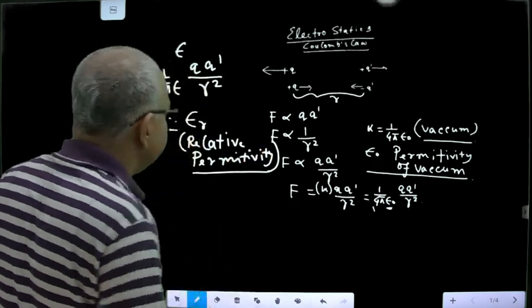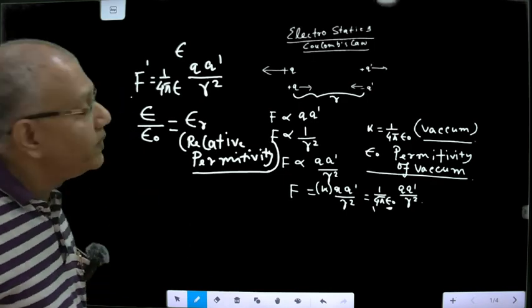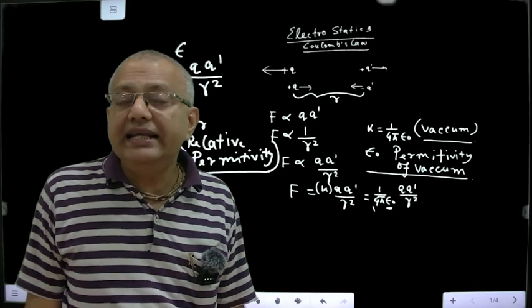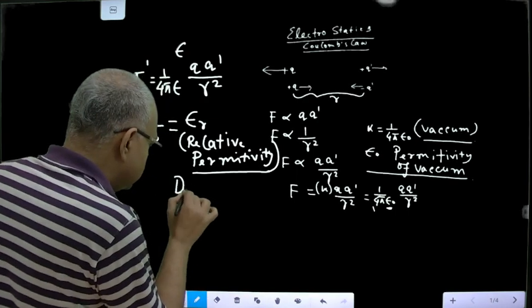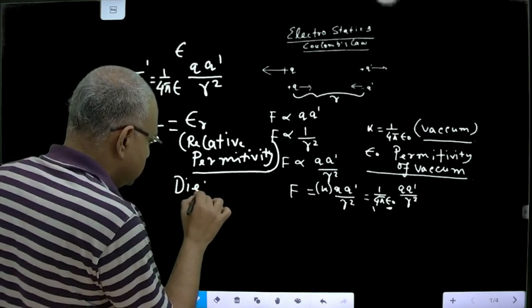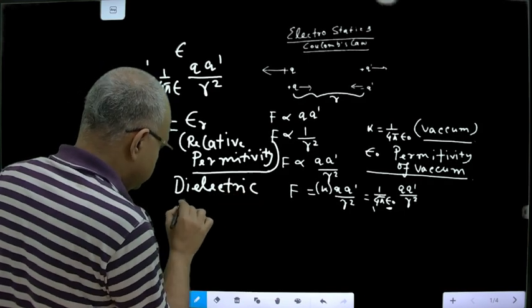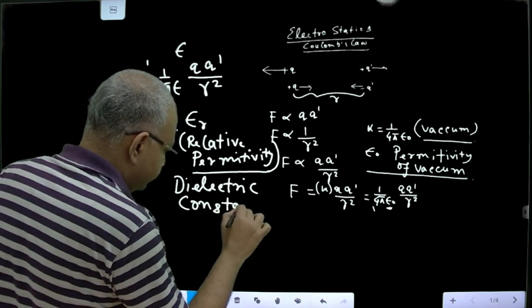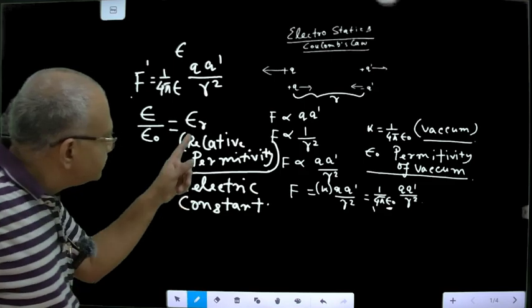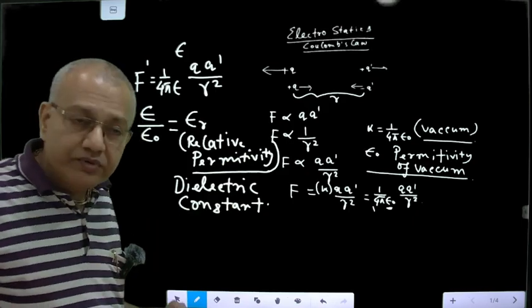Sometimes we call it electric constant. So epsilon r has two names: relative permittivity or dielectric constant.